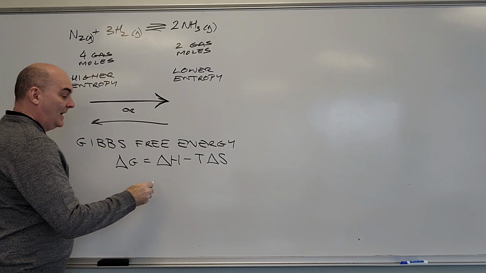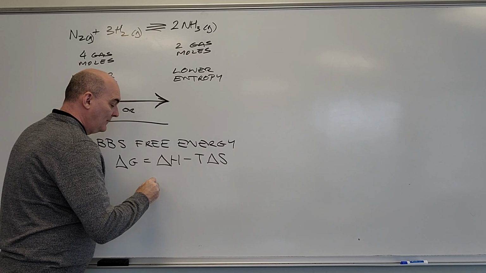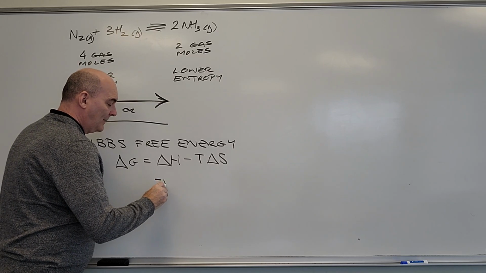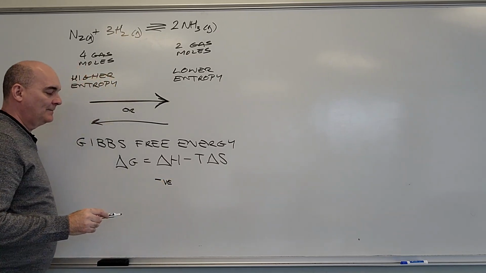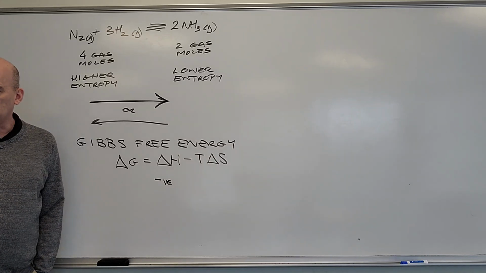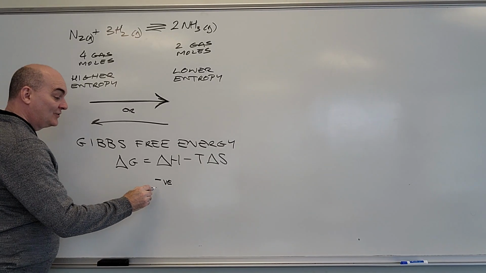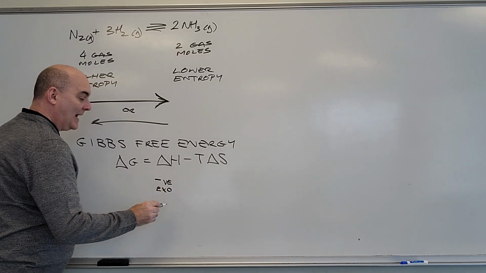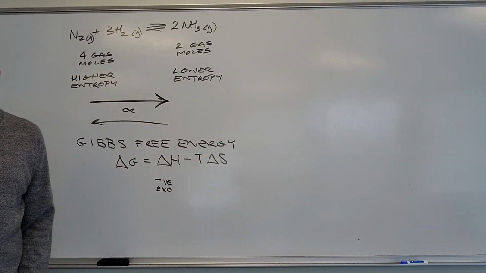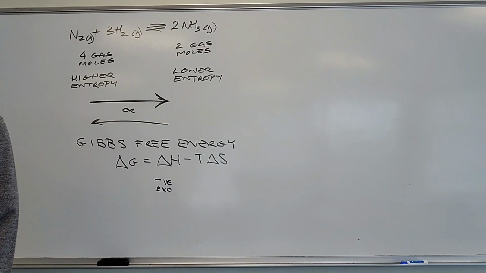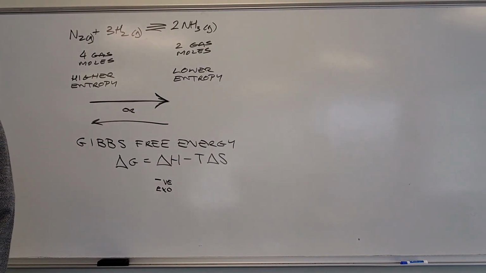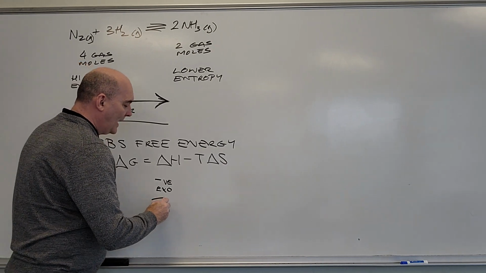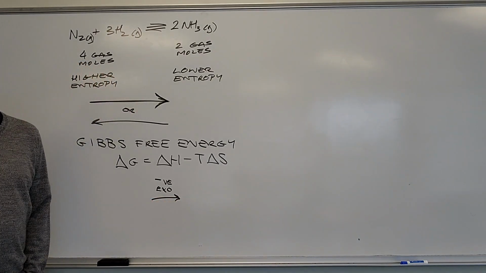So, negative, I'm going to write VE, that means negative. Negative delta H is exothermic, gives out heat, which means that your reactants were higher in energy than your products are. Means your products are stable. If your products are stable, then the reaction is more likely to go this way.